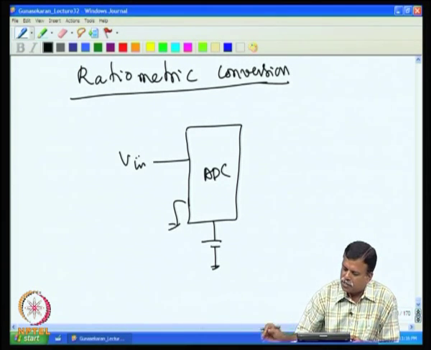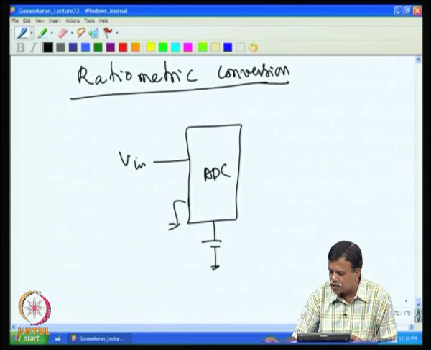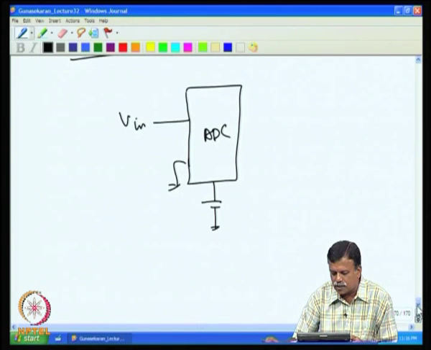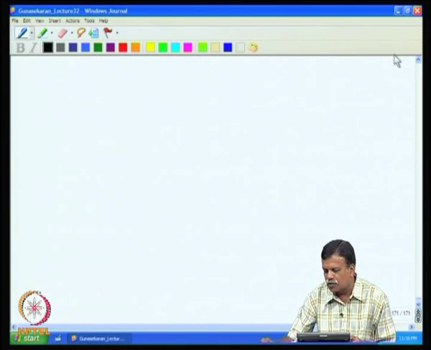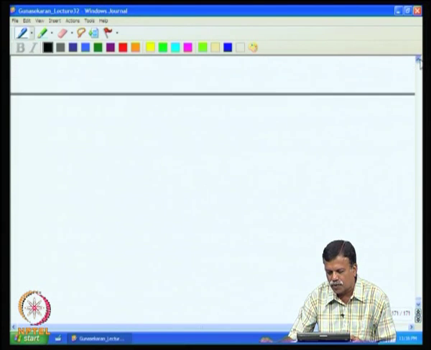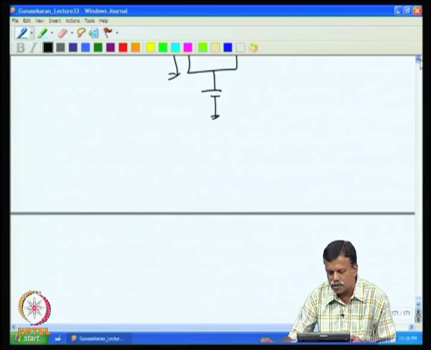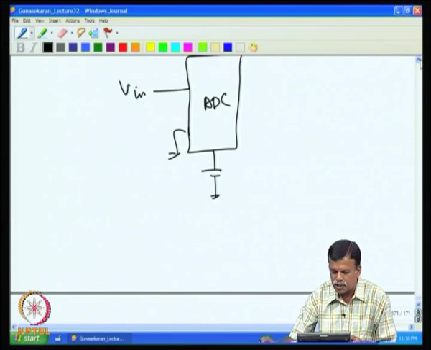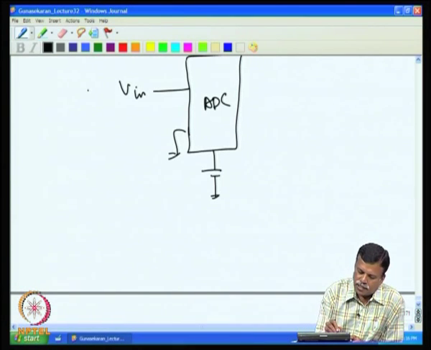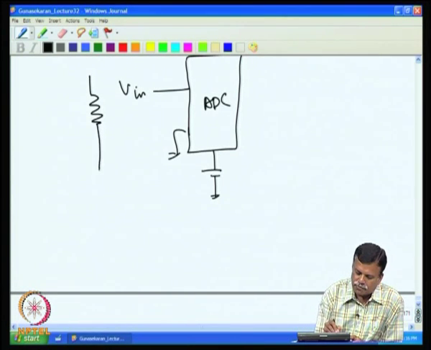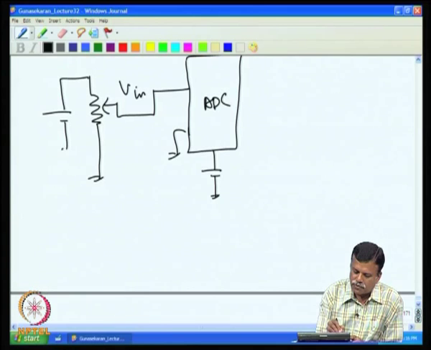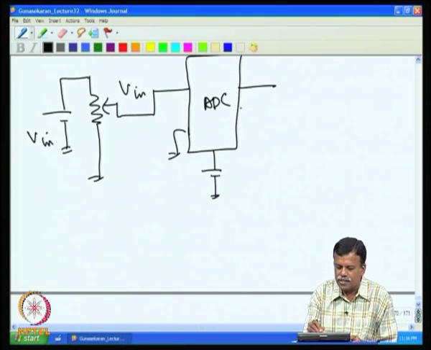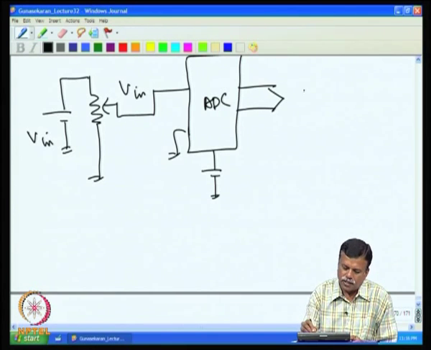For example, I want to measure resistance values accurately using a bridge circuit, or I want to measure a potentiometer value. I can have a potentiometer like this, acting as input, and I give this as the V input. Now, I will get a digitized output here.